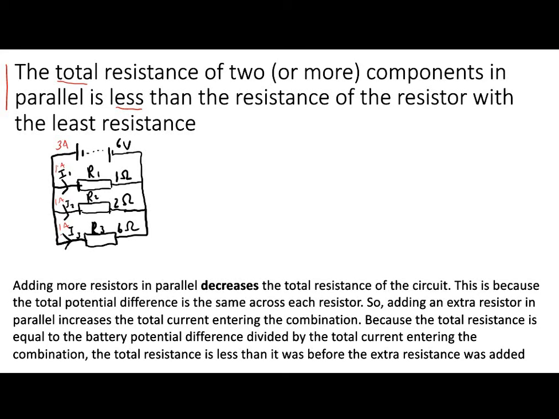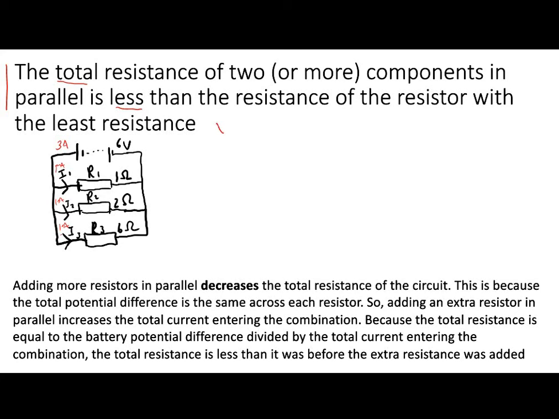Oh, actually, let's change that, sorry. I need to do that slightly differently. Let's work out what the current is going to be on this example together. So I'd like you to work through this with me at the same time. So you're writing down some information here. We're going to work out I1.